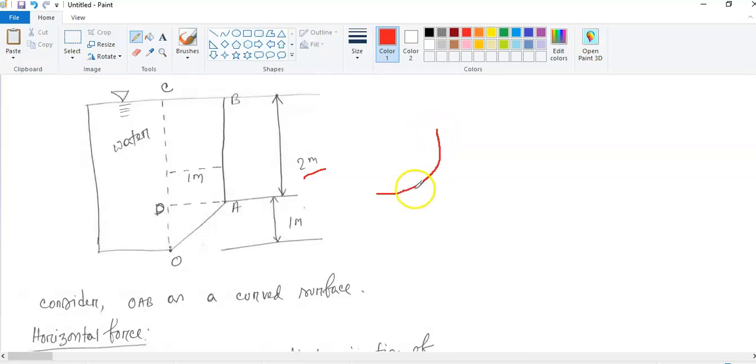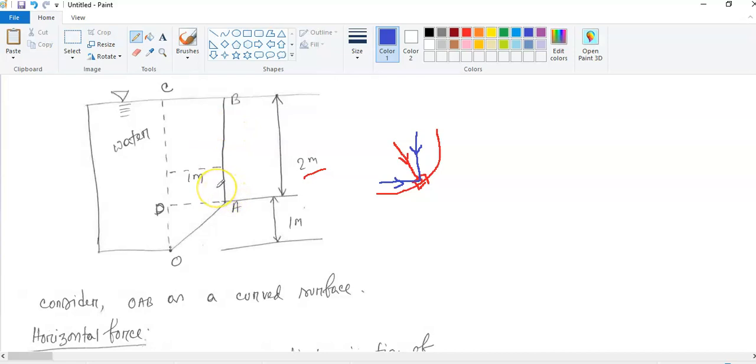When it is a curved surface, if we take a very small section like this, the force always acts in the perpendicular way, creating a 90 degree angle. So we can divide this force into two types: one is the horizontal force, the other is the vertical force, and the sum of these is the resultant force. We discussed this earlier. In this case, this is a curved surface, so we will have the horizontal force and the vertical force.